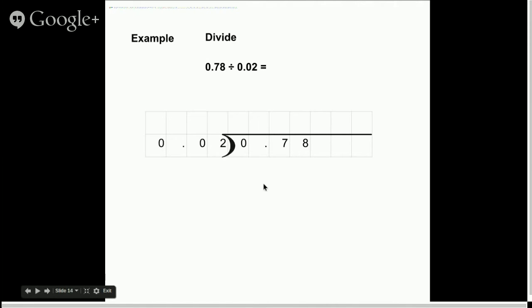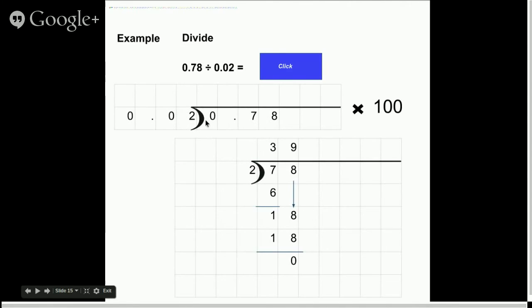All right, so here's the example. 0.78 divided by 0.02. How do I turn this into a whole number? I have to multiply it by 100, so I have to move that decimal point over 2. So to do that, I also have to multiply this by 100. So instead of doing that, I'm doing 78 divided by 2.